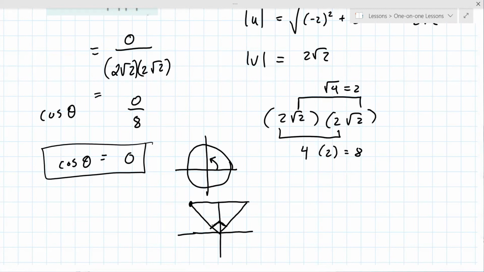Okay. Now, normally you need a calculator to do these, because the angle isn't usually nice, but you have to be able to find these things.